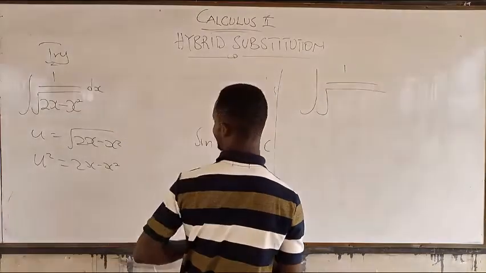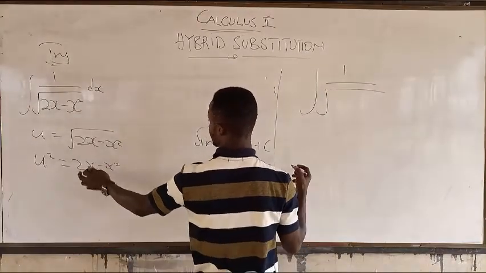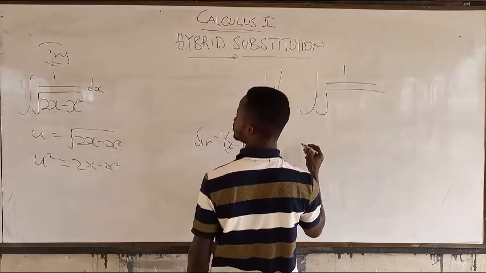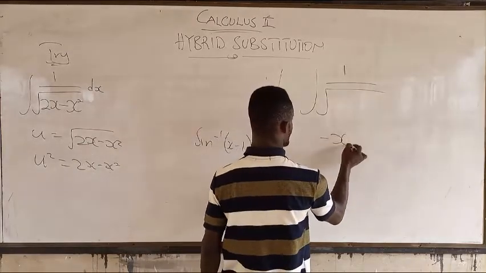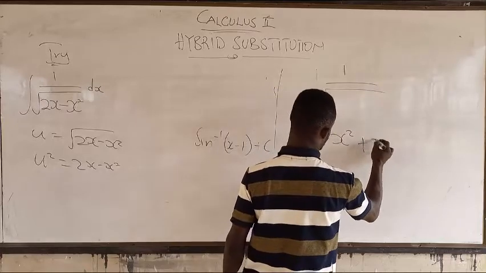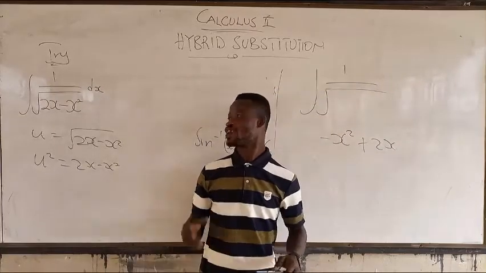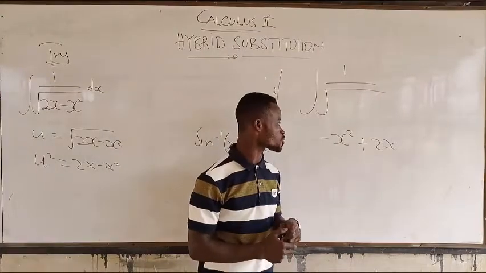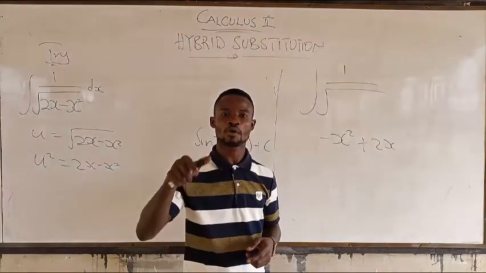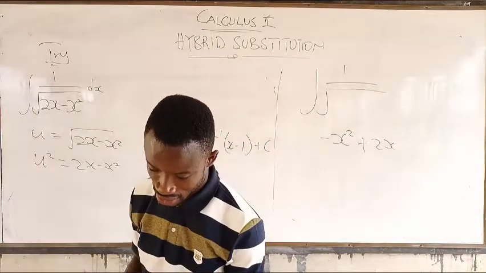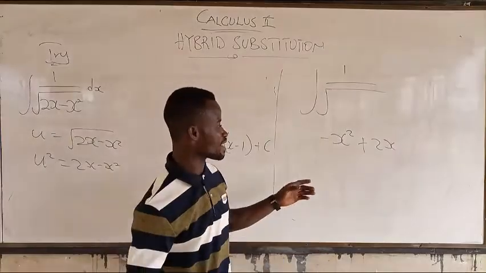You know the inside is negative x squared plus 2x. Alright? Pick the inside. It's the same as this. When you pick the inside, it's negative x squared plus 2x. Then you complete the square inside.